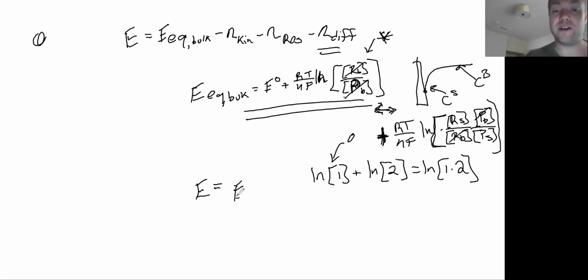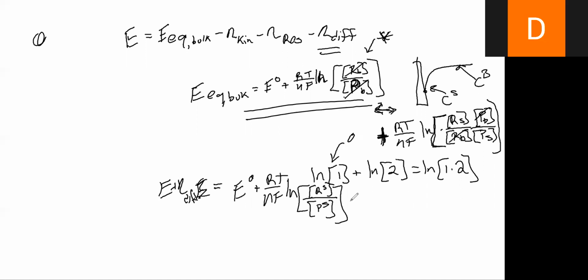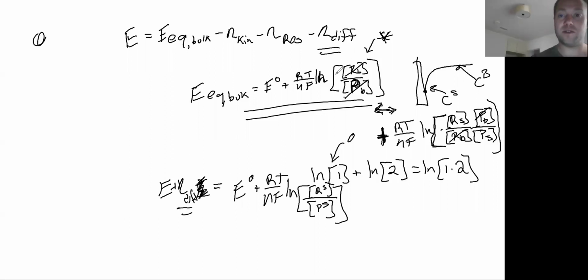So E plus our diffusion overpotential is just equal to E naught plus, and this is the confusing one because it gets handled in different ways by different people, the concentrations of your reactant at the surface over your products at the surface. So like this term is just this term.